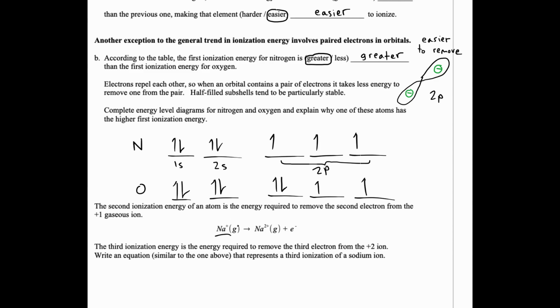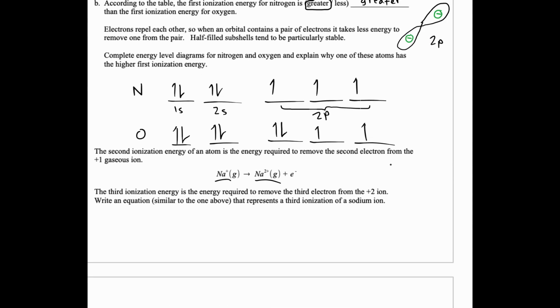Sodium easily forms a 1+ ion because it'll lose that one electron that it has in the outer shell. But it is very difficult to make sodium into a 2+ ion by removing a second electron. It would rather keep its complete shell of 8 rather than go to an outer shell of 7.